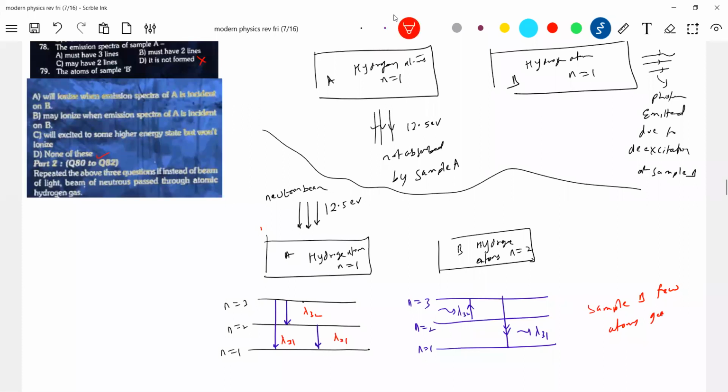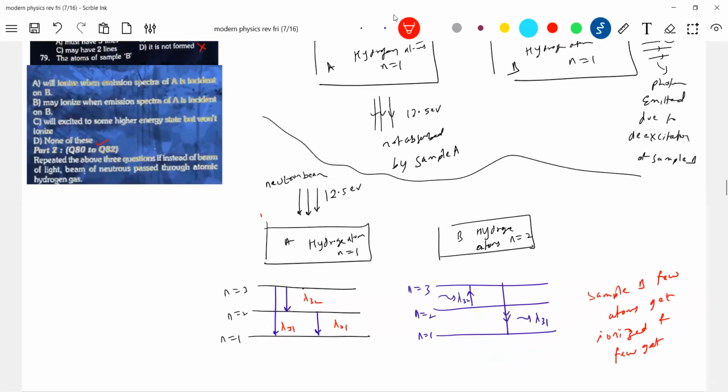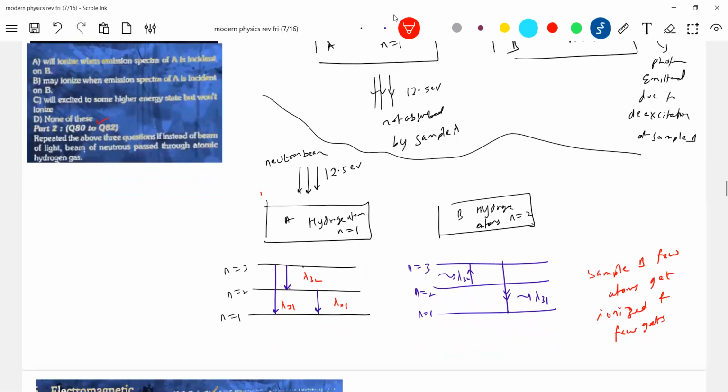Few will get ionized, few will get excited.